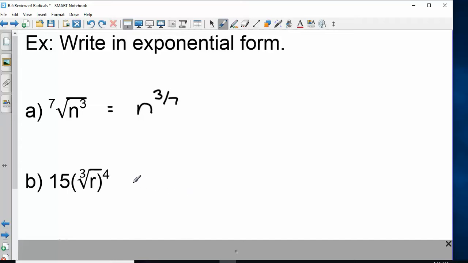All right, on B. So, how am I going to write this? Would it be?